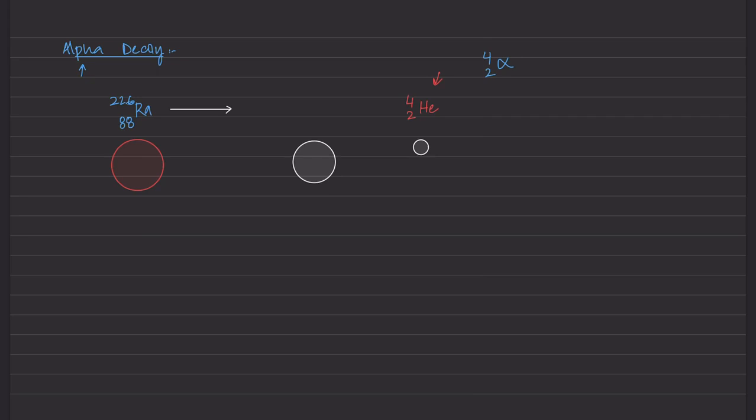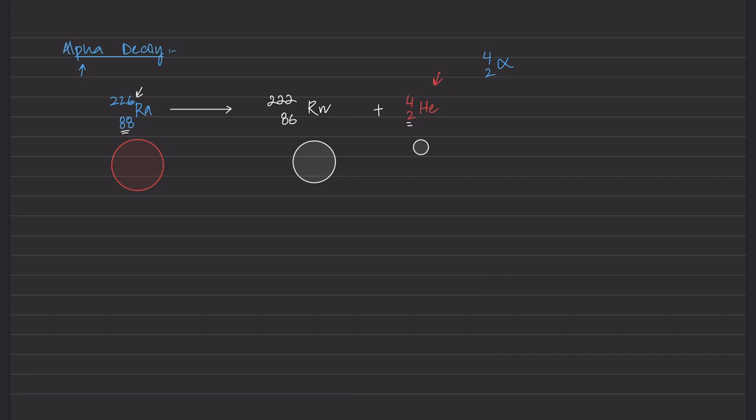Now what are the remains? Out of 226, how much did we lose? We lost 4, so that's now going to turn into 222. How much of 88 did we lose? We lost 2, so it's now going to be 86, and this turns into Rn, which is radon.